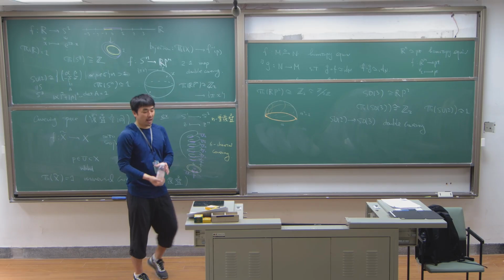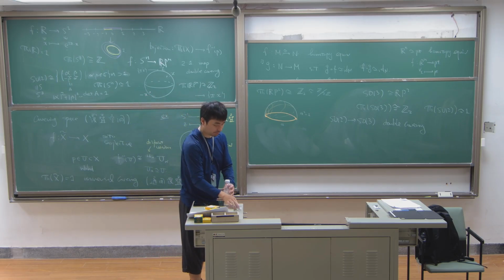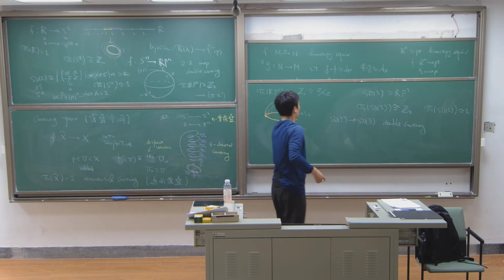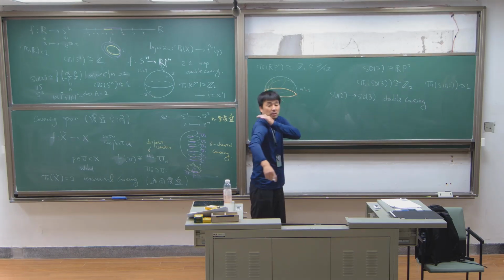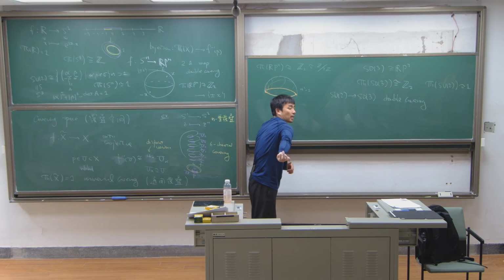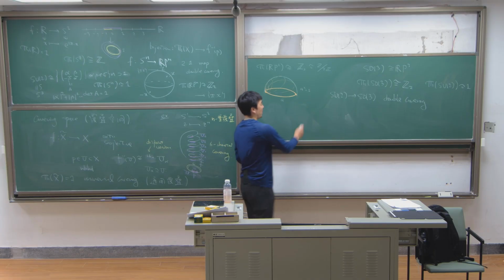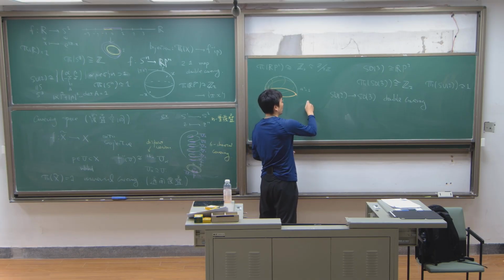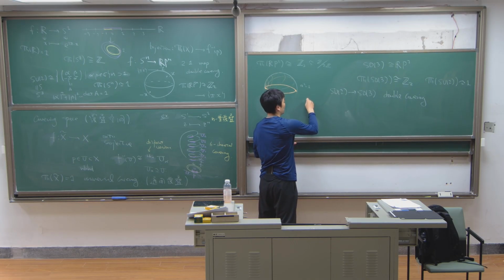What's really happening is that my shoulder is fixed here, so it's just a constant map. However, my hand is mapped to some loop inside RP3, SO3. So my shoulder is just a constant map. It's really a homotopy.